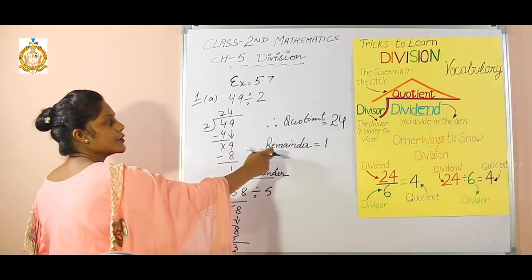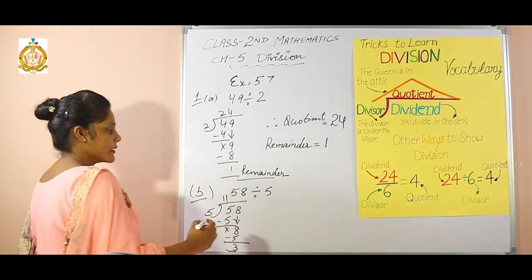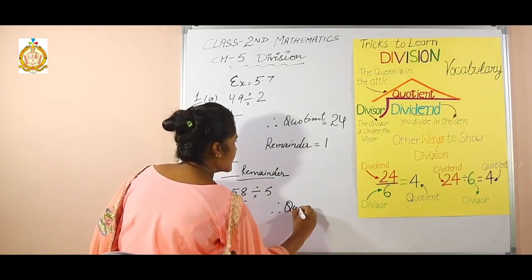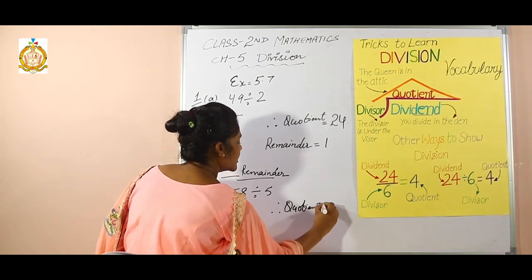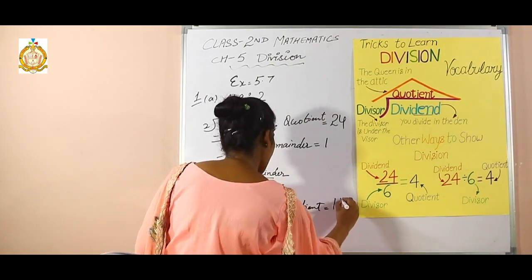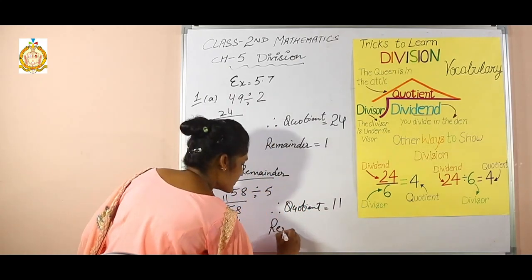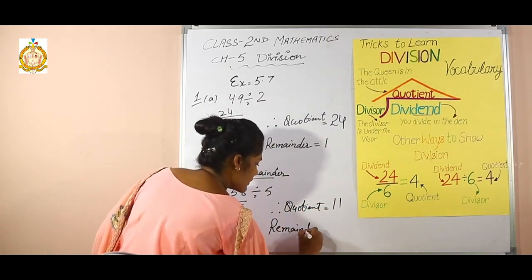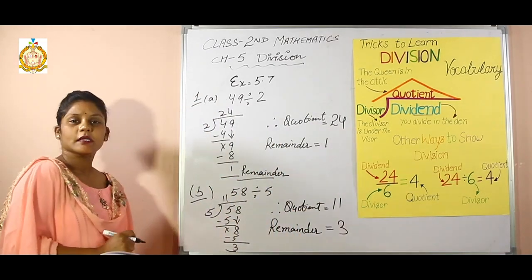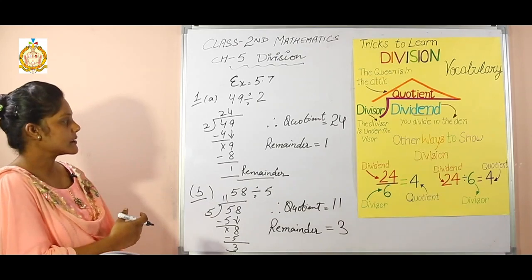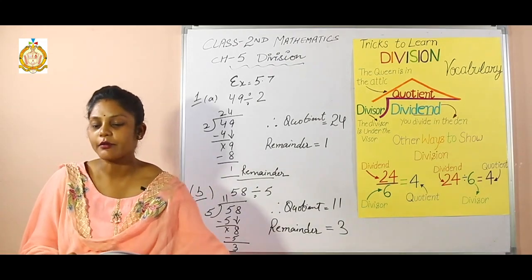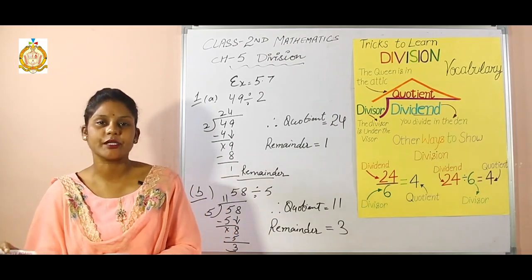Same like this way you should write the quotient and remainder. Therefore, the quotient is 11 and the remainder is 3. Clear everyone? So this is called the quotient and remainder, because in this exercise you should write only the quotient and the remainder in each case.